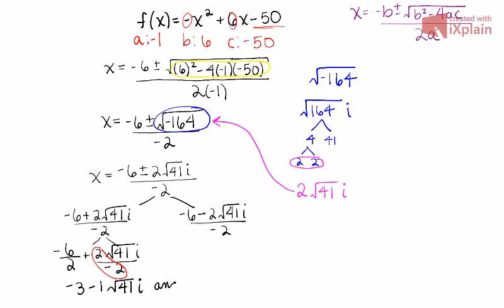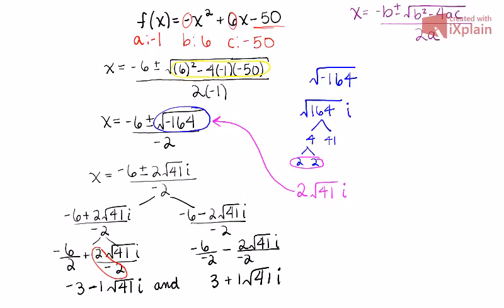My other answer will be basically the same exact thing, except instead of a minus sign right here, it should be a plus sign. So as you can see, negative 6 over negative 2 minus 2 over negative 2. The same thing that happened before will happen here. Negative 6 divided by negative 2 is 3. And negative 2 divided by negative 2 is plus 1, root 41 i.